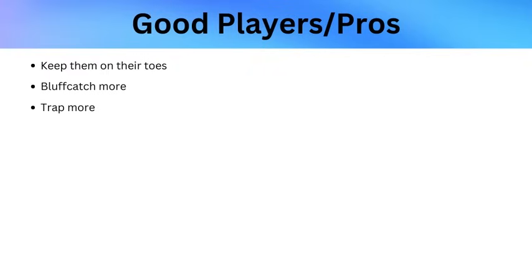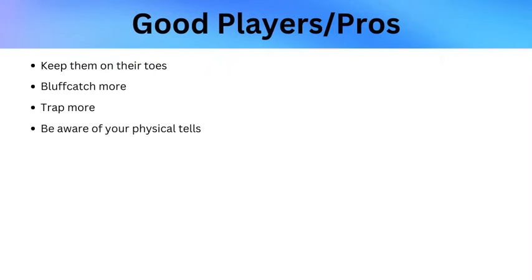You also have to be aware of your image when you're playing versus good players, because if you have a really nitty image, and then you flop middle or top set and they c-bet and you raise them, they're going to make a lot of folds, because you're not bluff raising them very much, and you have a tighter image. If you have a crazy image, they're going to pick up on that, and then you can raise more with your nutted hands, because they're not going to give you as much credit, right?